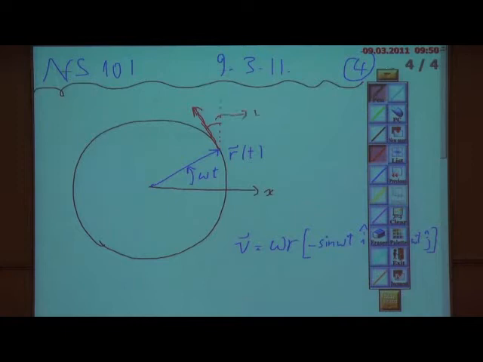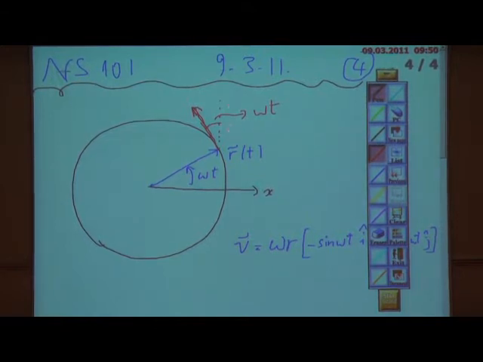This angle is also omega t. So something with components minus sine omega t and plus cos omega t, if this angle is omega t, is precisely in the direction of the tangent.